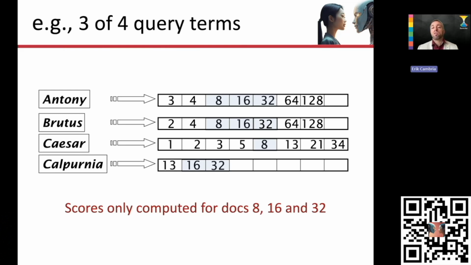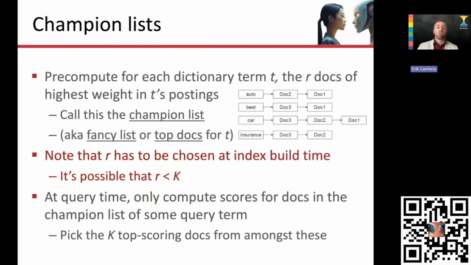Why? Because these contain at least 3 of the 4 query terms. Why do I do this? Because I already know for sure that the other documents will definitely have a lower TF-IDF score. So why bother? I just focus on the documents that have a higher chance to have high TF-IDF scores.